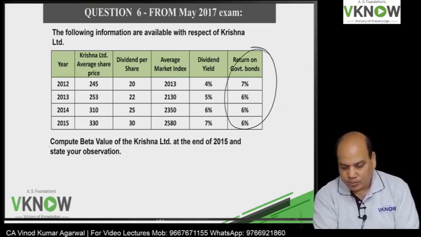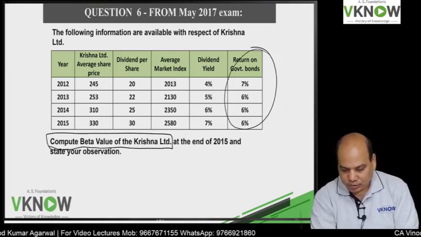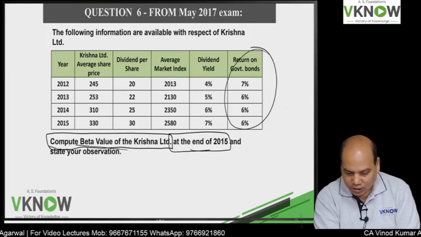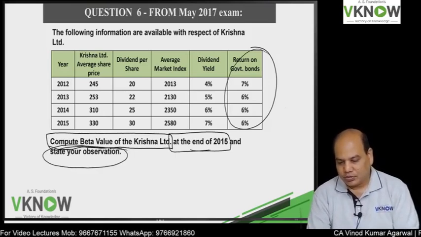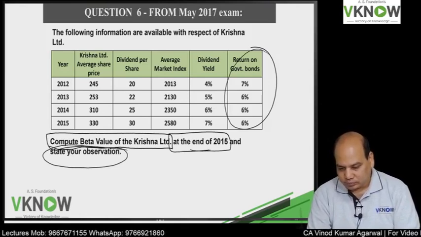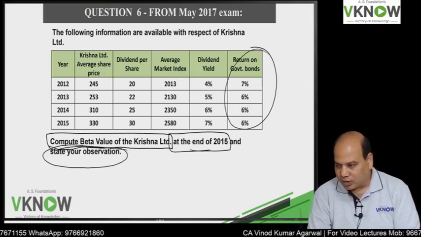Then compute the beta value of Krishna at the end of 2015, and state your observation, whether it is underpriced or overpriced. We will see. So how do you calculate beta in this case?